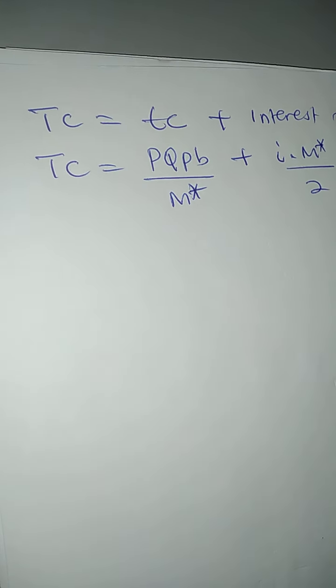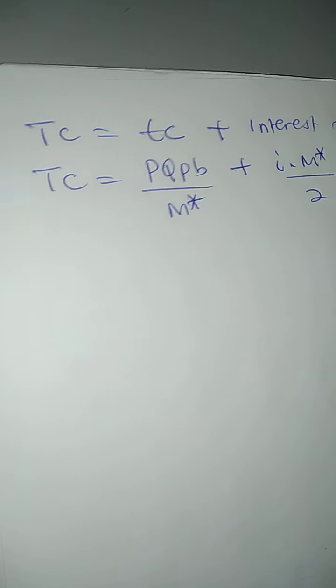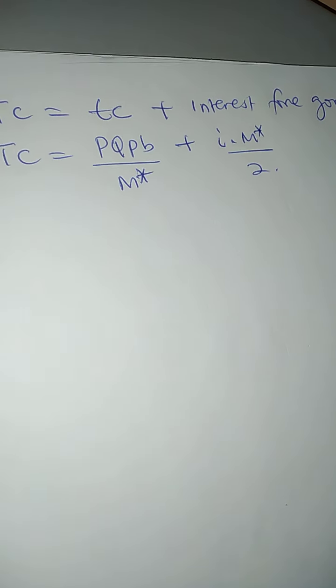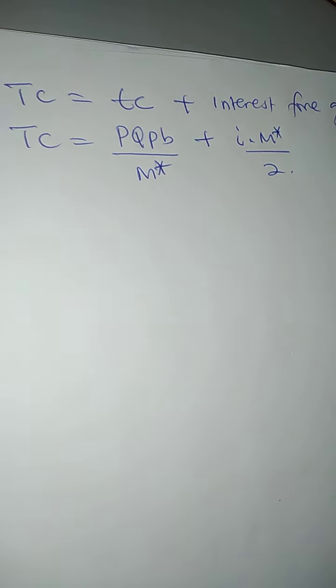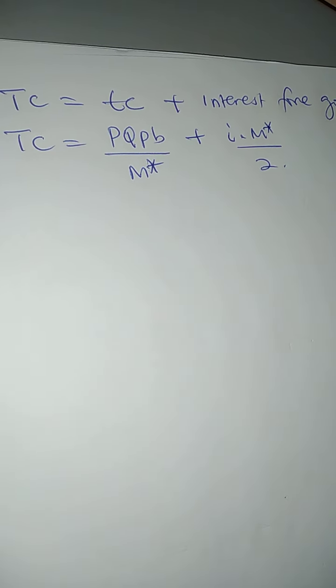So to get the optimum amount of money to withdraw on each visit, we are going to take the first order conditions. But we can't take the first order conditions when we have M star as a denominator, because we are going to optimize the amount of cash withdrawals.